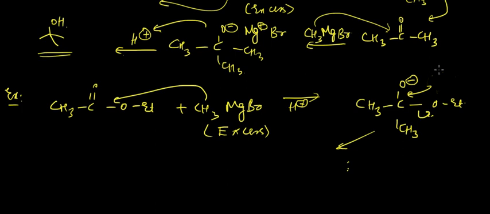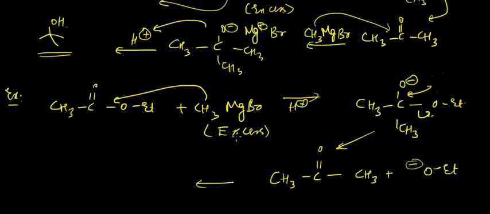So we would have CH3 plus OEt minus. Okay, again, as CH3-MgBr was in excess quantity, it will again attack on this carbon atom.